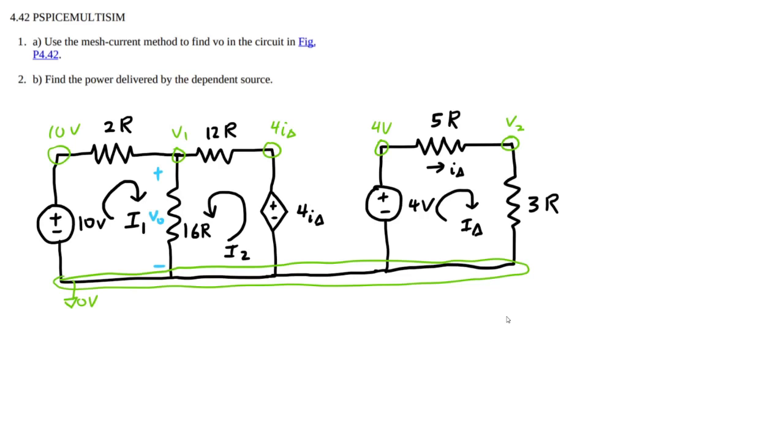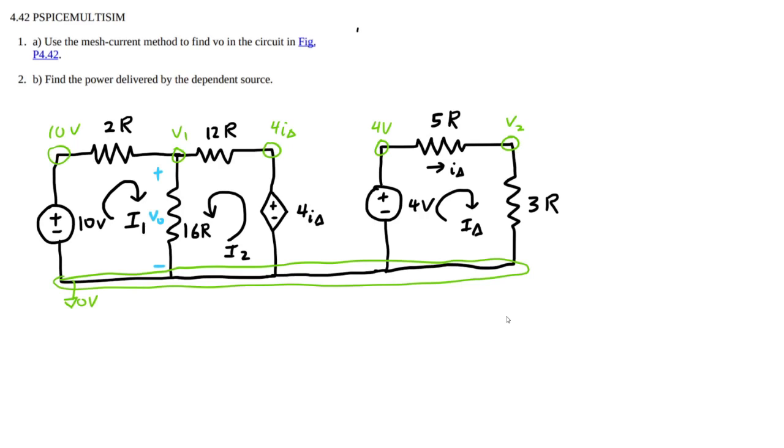So anyway, we're going to use mesh analysis to find the power delivered by the 2-ohm source. So I delta, IA. IA is in this closed loop, and you'll notice that this closed loop is basically a voltage divider. So we can do a KVL here, but to find I delta is just Ohm's law.